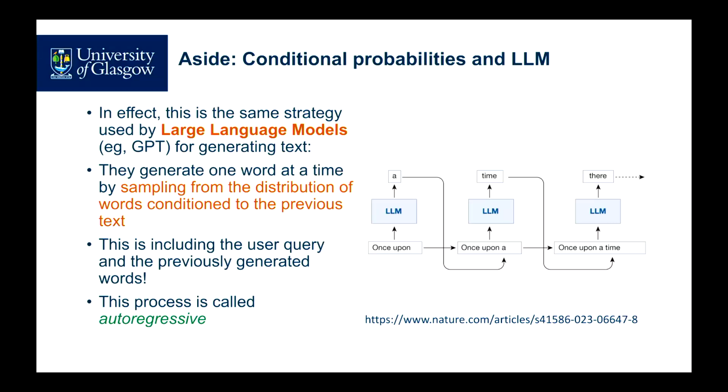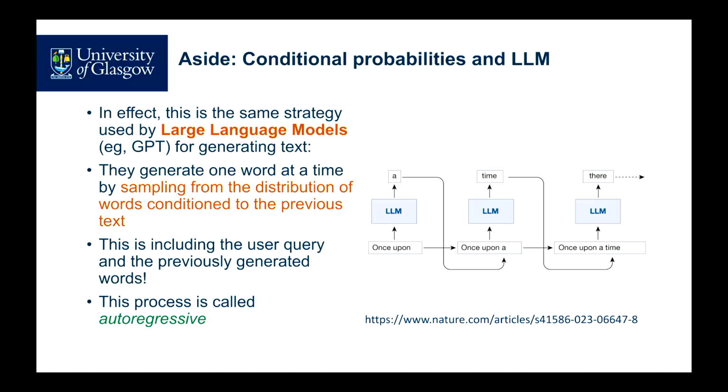So for example, GPT and all of those large language models effectively have a process in which they generate one word at a time. Not exactly words. Effectively, they generate fragments of words, but that comes pretty much to the same. So basically, they generate one word at a time, and they do that by sampling from the distribution of the word: what is the likelihood of the next word given all of the words that came before.